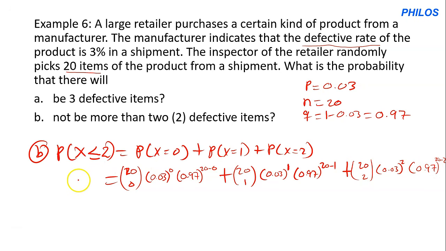So let's simplify this. You can input this on your calculator straightforward, okay?